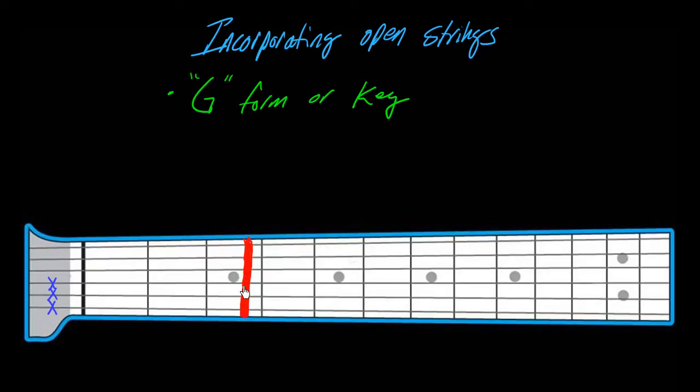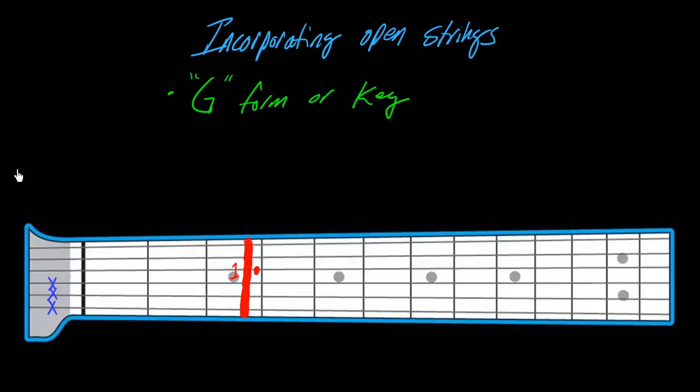Because if you capo on the 3rd fret and still play in the G form, this note here is your 1. That's your 1. So you want to leave that open.